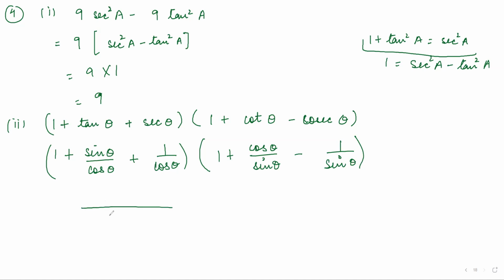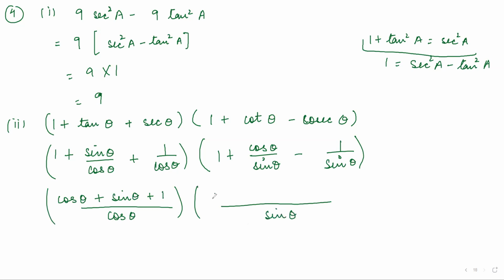The LCM becomes cos theta, and here you get cos theta plus sine theta plus 1. Then here again take LCM. The LCM will be sine theta, and then you get sine theta plus cos theta minus 1.